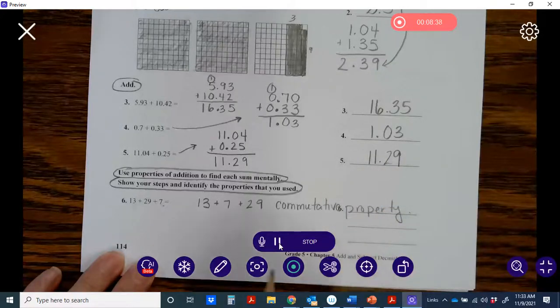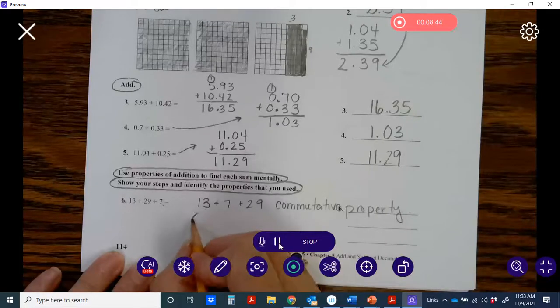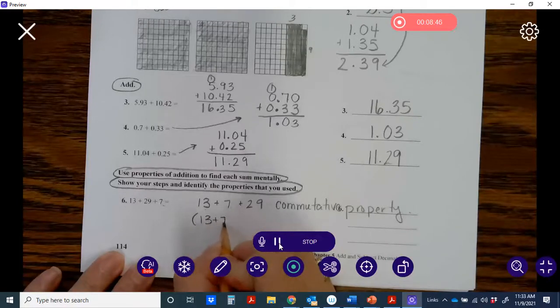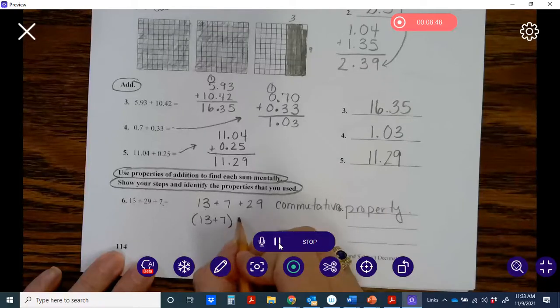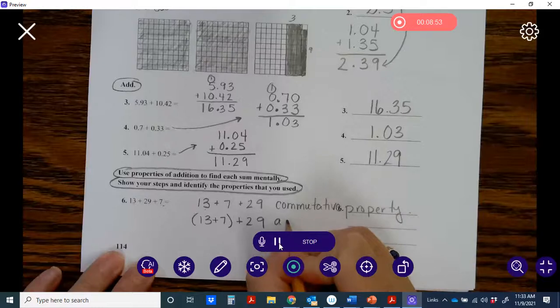Okay. Now that I've rearranged it, I'm going to first solve 13 plus 7. Then I'm going to add 29. That is called the associative property.